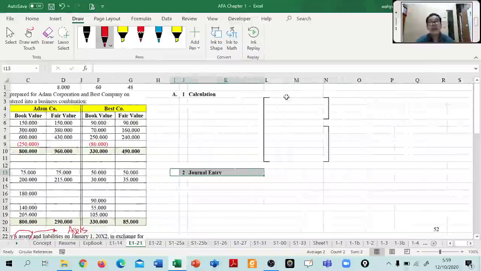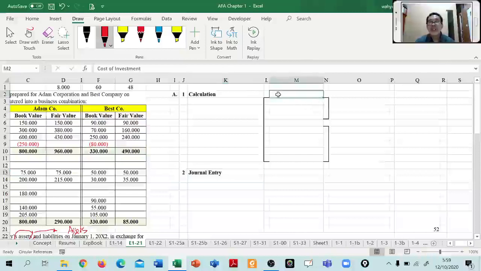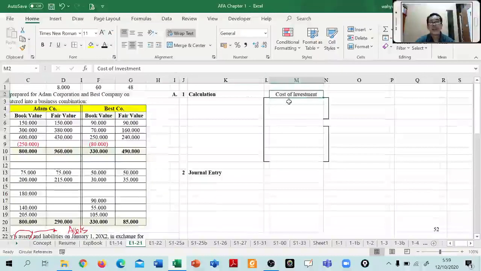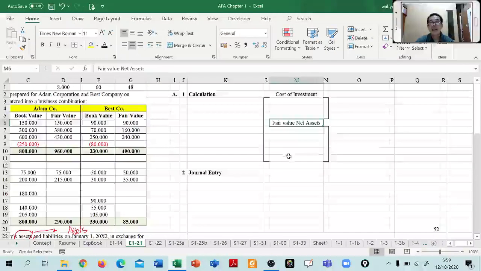This calculation is used to get the goodwill. The top of that calculation is the cost of investment, the middle of the calculation diagram is the fair value of net asset, and the bottom of the calculation diagram is the book value of net asset.